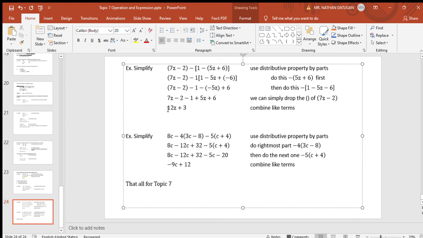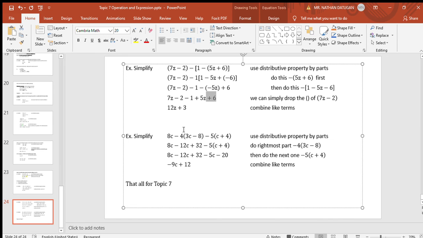So our new term will be 12z. And then we're going to add all the constant terms: -2 plus -1 plus 6, which is 3. So our new expression is 12z plus 3.